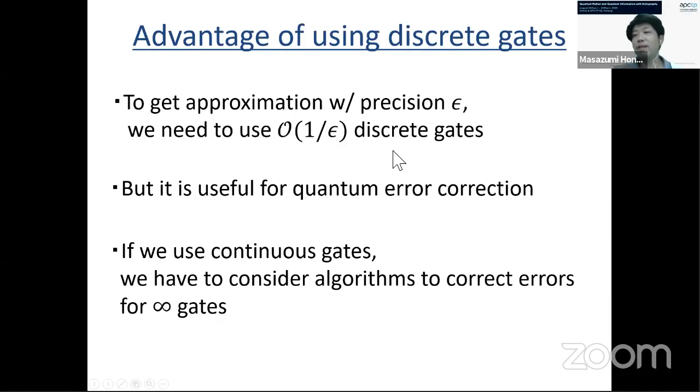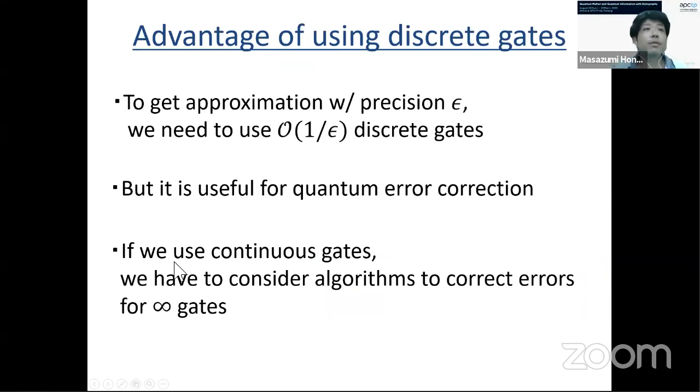On the other hand, if we can use a continuous gate directly, we need only one gate. So it looks inconvenient. But this kind of thing is useful for quantum error correction.